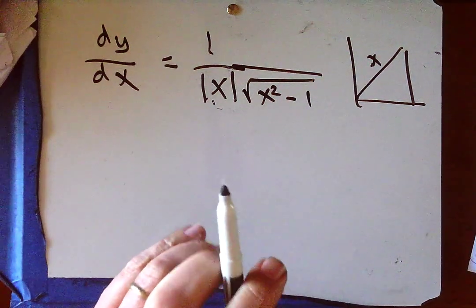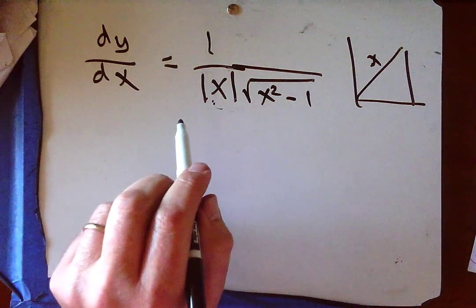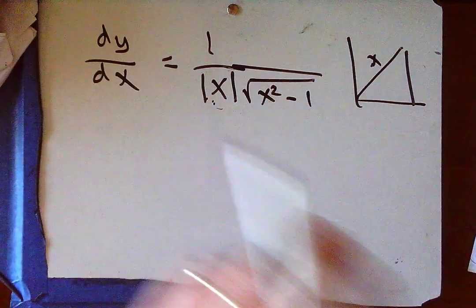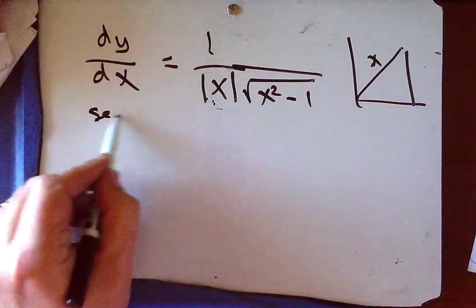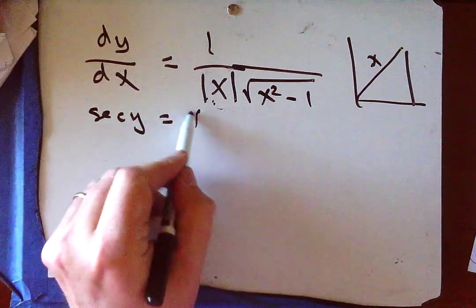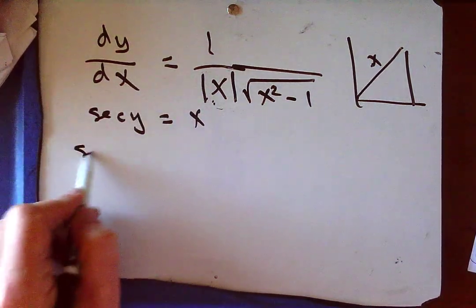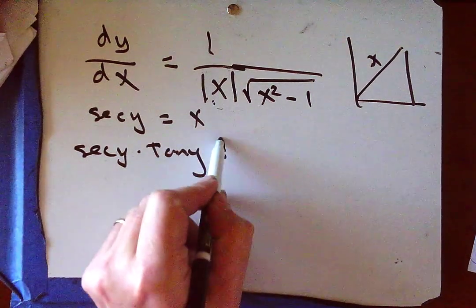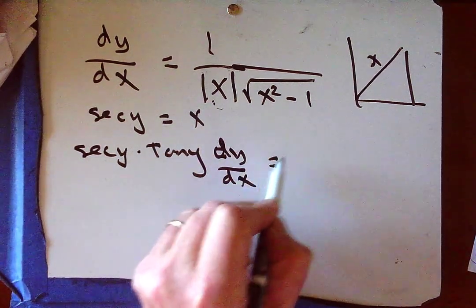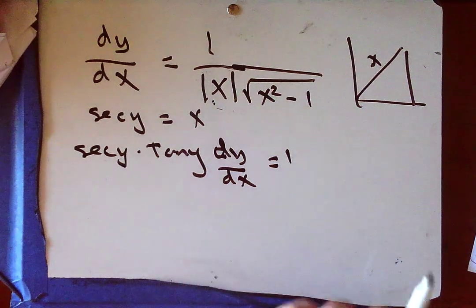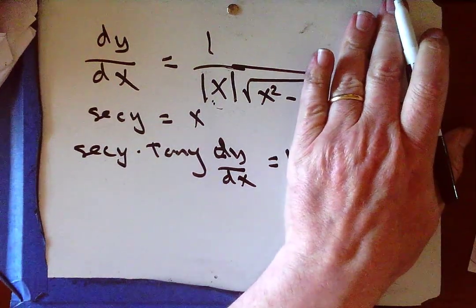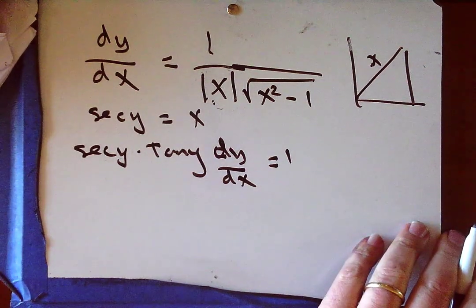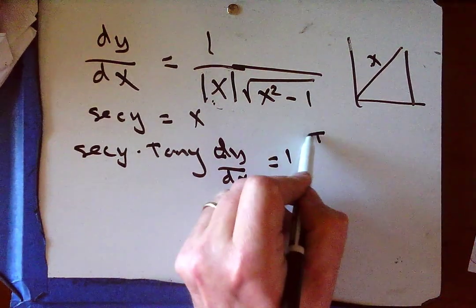All right, so I actually want to come back to this problem and see if we can understand it a slightly different way. Remember how we had secant y equals x, and then we took the derivative and got secant y, tangent y, dy dx equals 1. Okay, now instead of drawing the triangle, I actually want to pull out a Pythagorean identity. Do you remember this one?